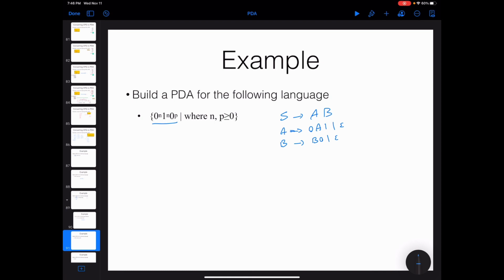this is very similar to the very first example that we have seen. Just have a state to push all the zeros, for each zero that you see. It doesn't matter what is the top of the stack. Just consider it as Z0.